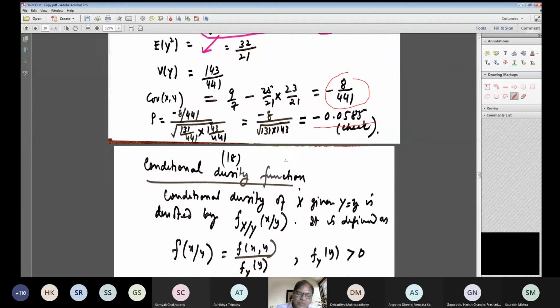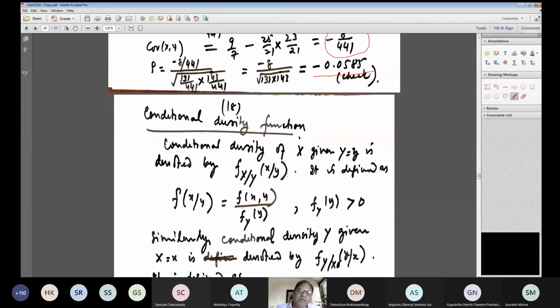Now the conditional density function, just like we have defined the conditional probabilities, that is probability x equal to x given y equal to y. Similar to that, here we have a conditional density function.